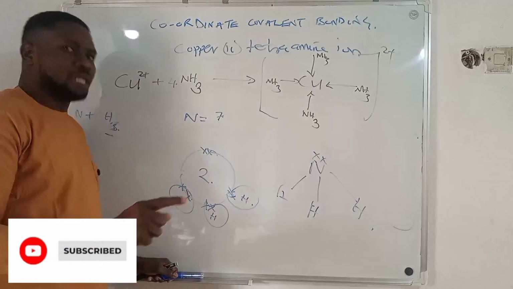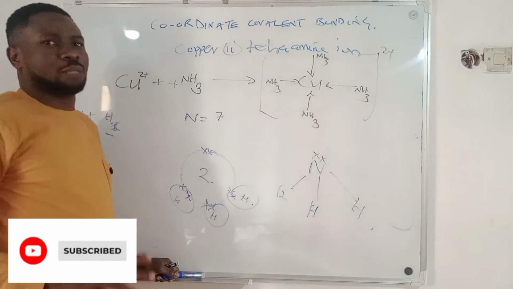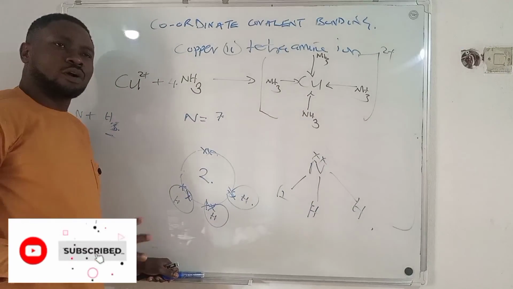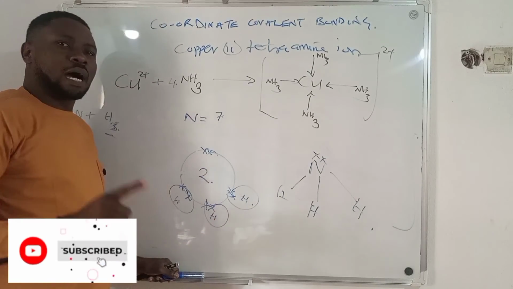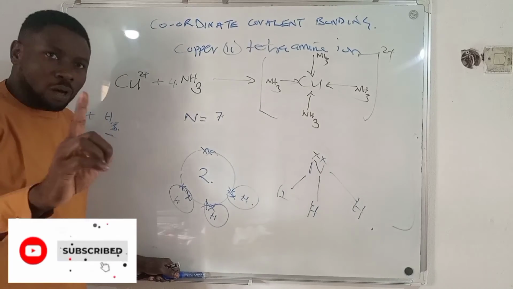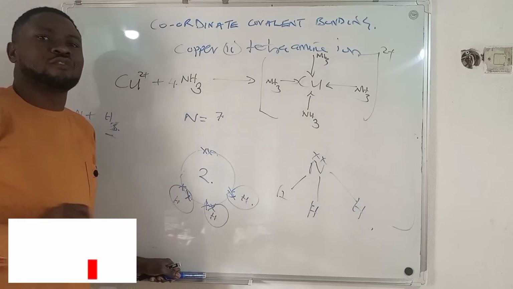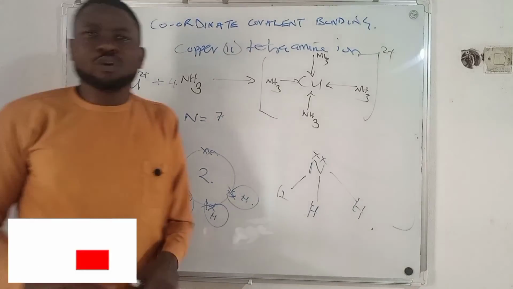In covalent bonding, the participating atoms contribute equally to the shared pair. But in dative or coordinate covalent bonding, only one of the participating atoms or molecules contributes to the shared pair, and that one must have excess electrons in the form of lone pair electrons.